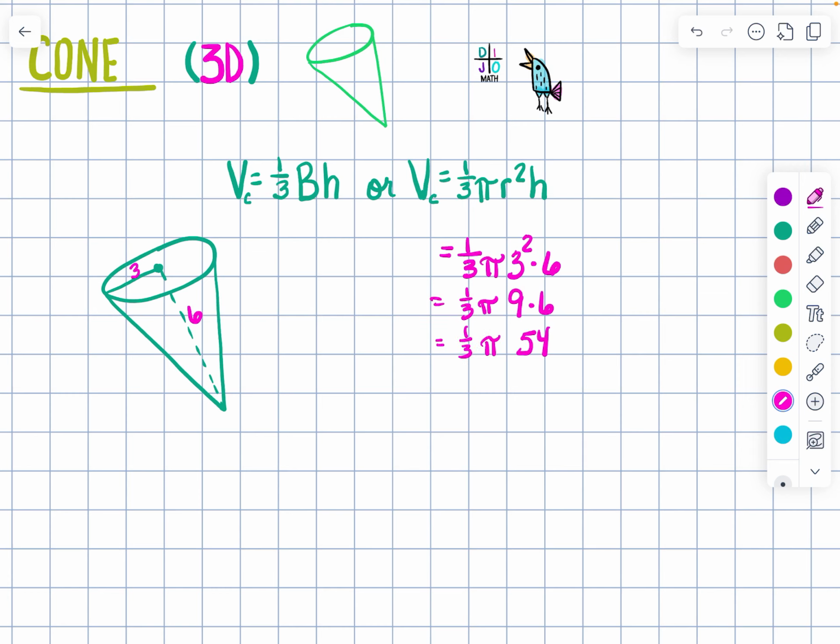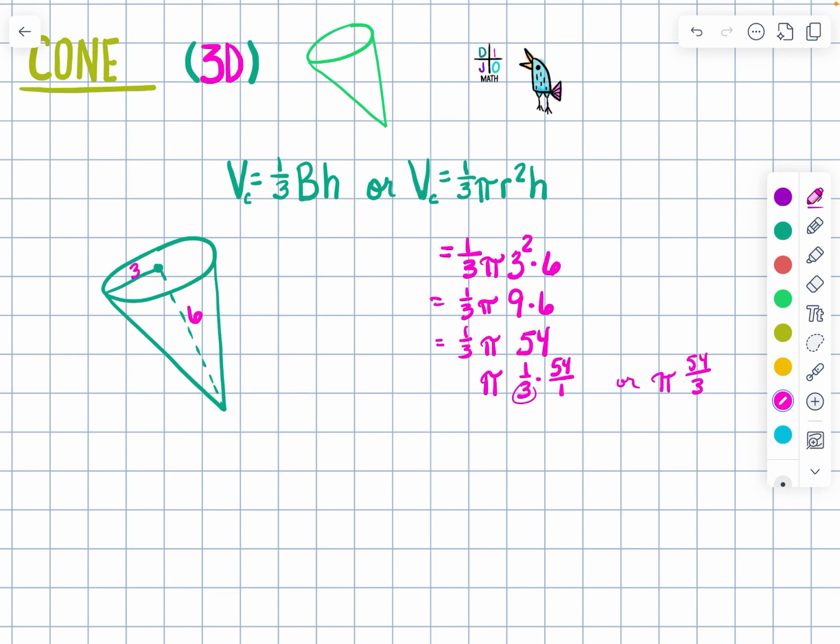Okay, now I'm going to leave the pi here, and then I'm going to do 54 over 1 times 1/3. Okay, and you could write this like pi and then 54/3. It doesn't matter, they're both the same. Okay, but either way, we need to divide 54 by 3, right?